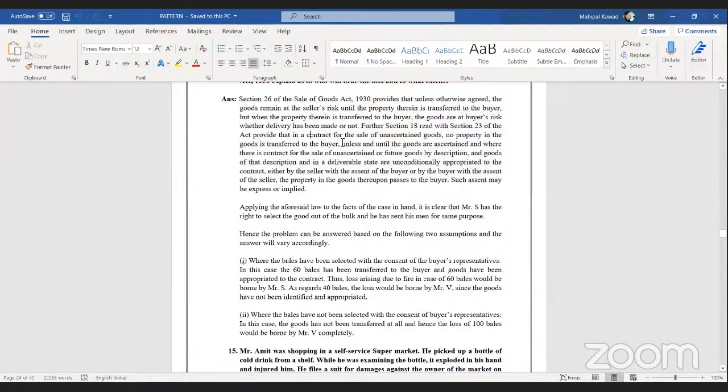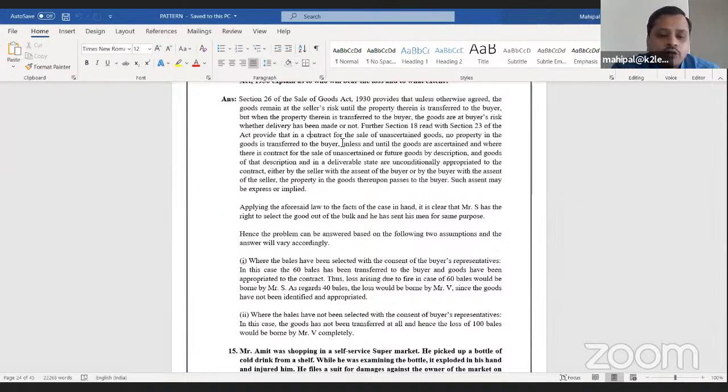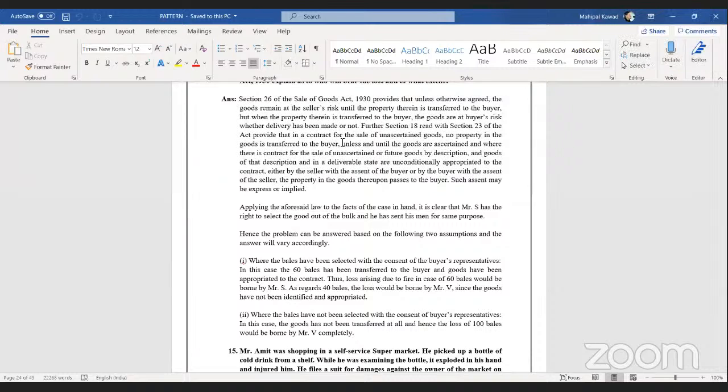Okay. Whenever a partner is dead, then all those transactions which were entered before, any liability coming into the picture, that will be the liability which will be passed on to his successor. And his successor will be liable only to the extent of property left. Okay, sir. Am I clear? Yes, sir. Next.